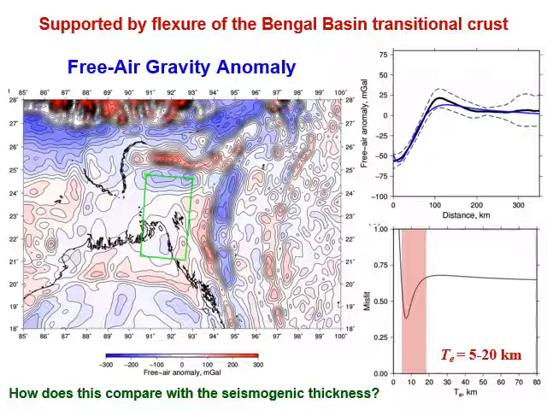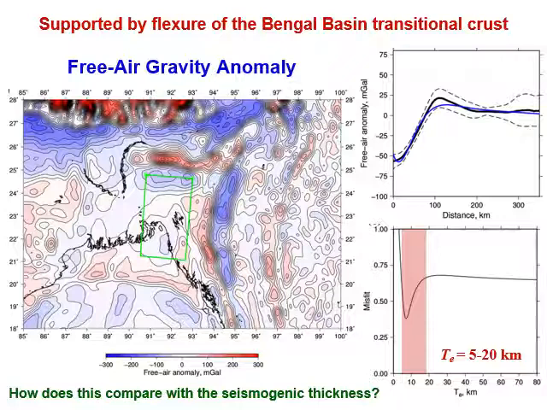You try and find the misfit between the observed and the calculated gravity for various elastic thickness, and we can clearly see that the minima is somewhere between 5 and 20 kilometers. So the elastic thickness of the plate, which is south of the Shillong Plateau, is about 5 to 20 kilometers, and that is what we think is supporting the load of the Shillong Plateau by flexure.